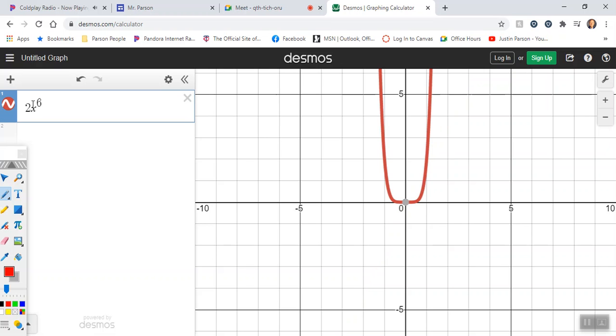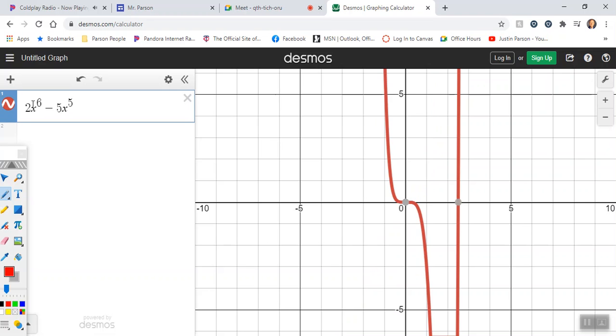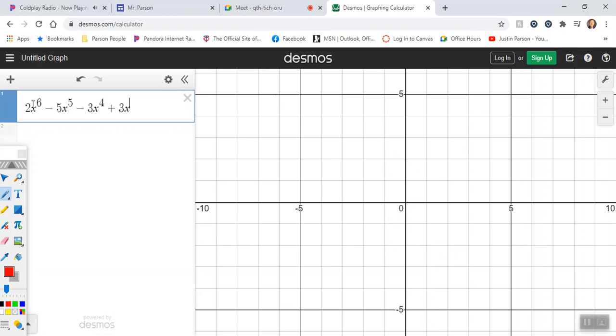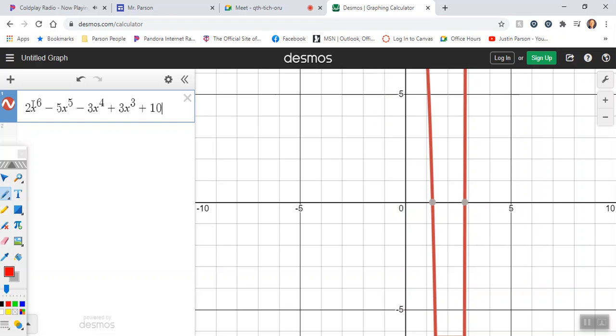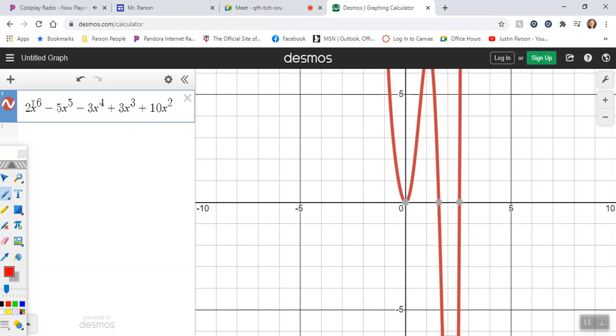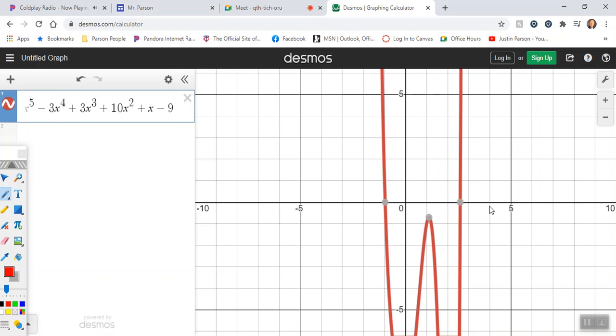Minus 5x to the fifth, minus 3x to the fourth, plus 3x to the third, plus 10x squared, plus x, minus 9.